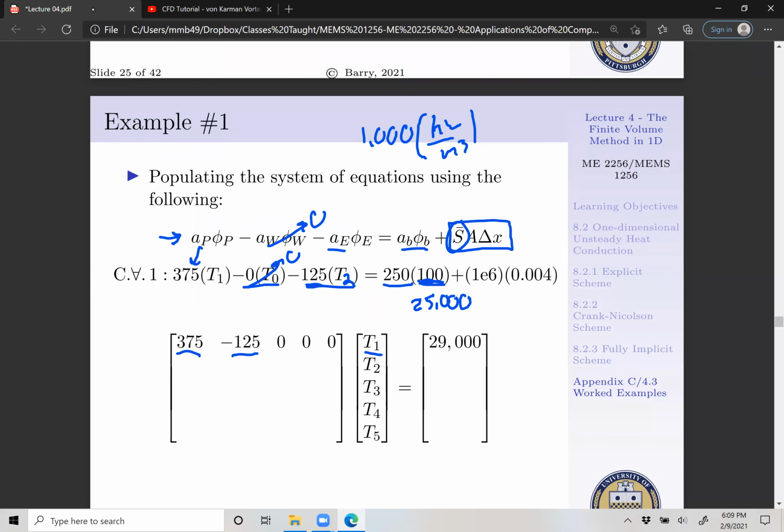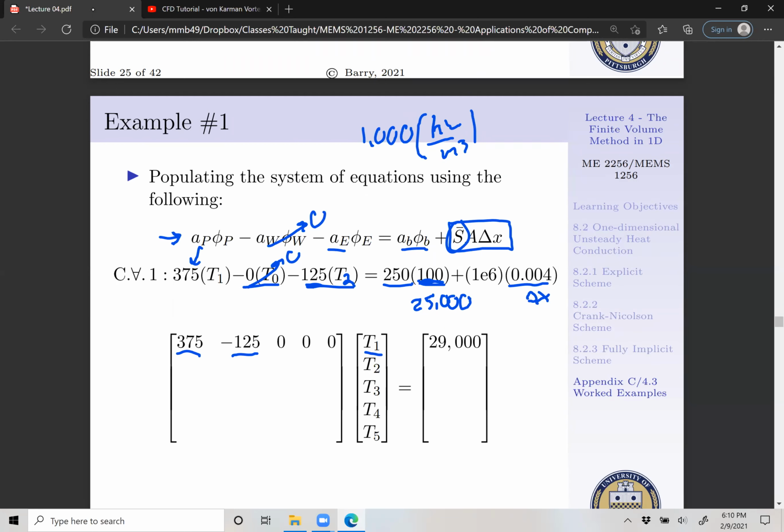Now, since this was integrated over area, we need to convert this volumetric heat generation rate to really a flux on a per unit area basis. And to do that, we're going to multiply it by delta x.